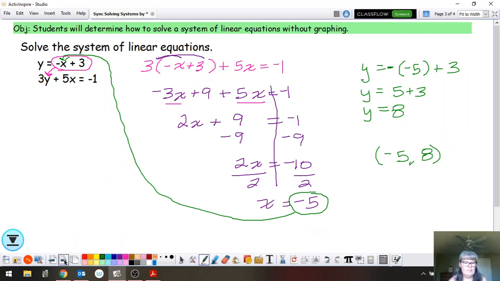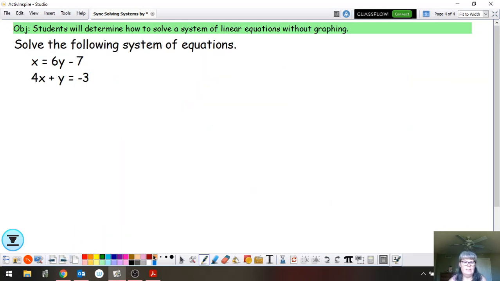And one more example that we may or may not have gotten to in class, but I'm going to include in this video, is we don't always have to substitute for the y. We can substitute for the x. So in this case, I have x equals 6y minus 7. So the 6y minus 7 is equal to the x, so that's going to go in place of x in my second equation.